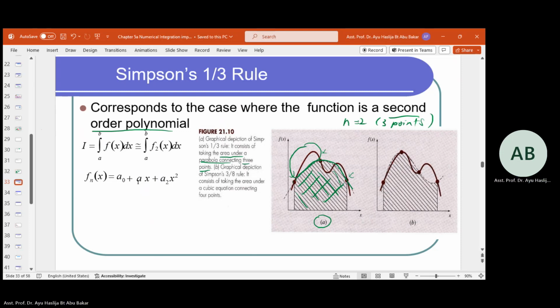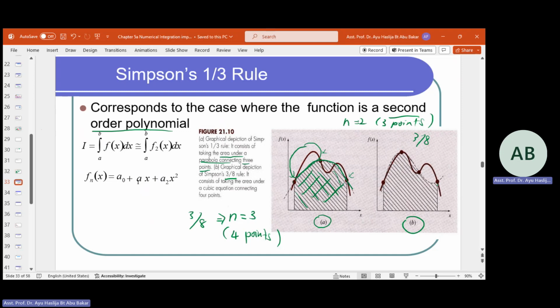Okay. Another Simpson's rule is 3/8. Minimally, it needs n equals to 3, which is 4 points. I explain the difference first, later we go one by one. Now for B over here, it is the 3/8 rule.